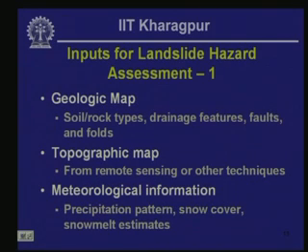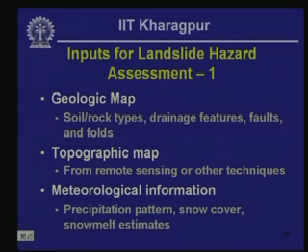Okay. Now, we are in a position to formalize the notion of landslide hazard assessment. What are the inputs for landslide hazard assessment? We looked at these things earlier as well, but let us formalize what we learned so far.